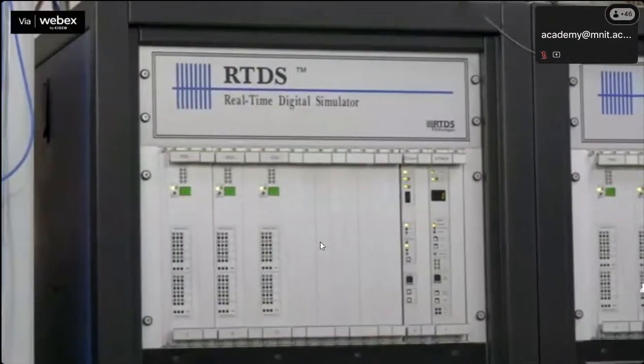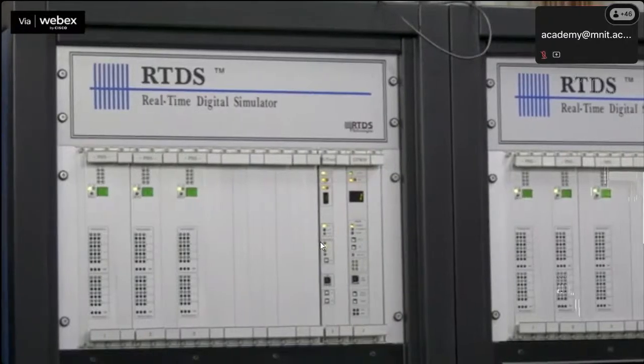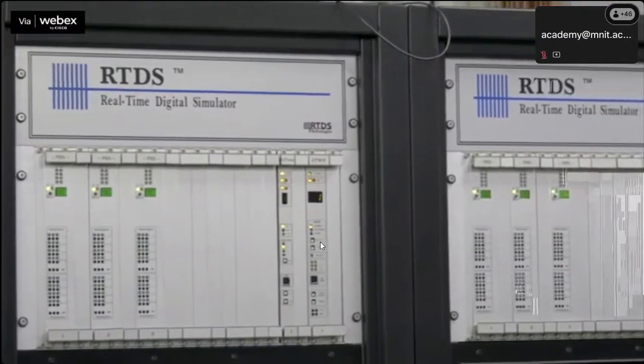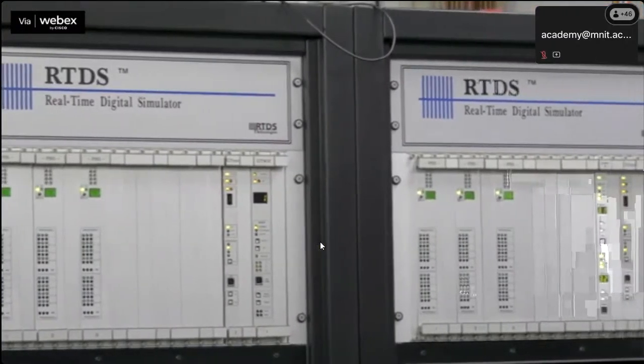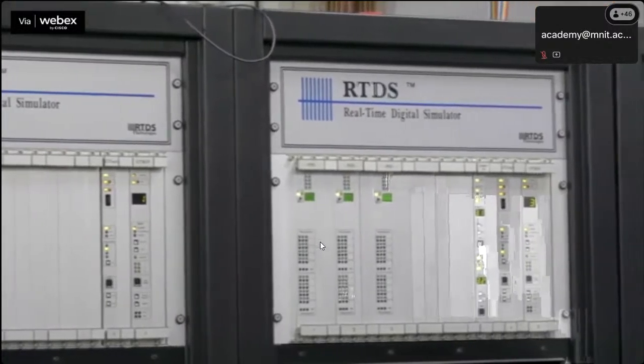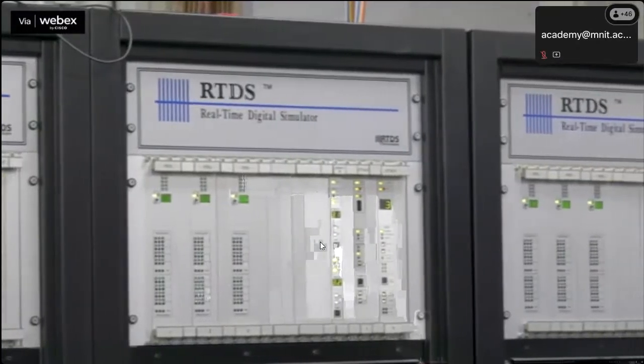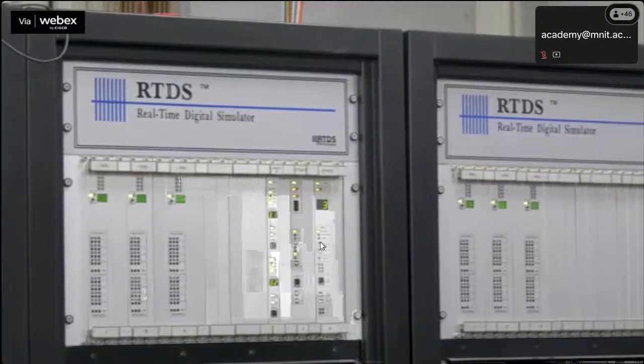The RTDS system that is displayed here is made up of 6 different racks, each of which is made up of a number of parallel processing cards. This includes cards for running the simulation as well as inter-rack communication, workstation interface, and input-output cards.